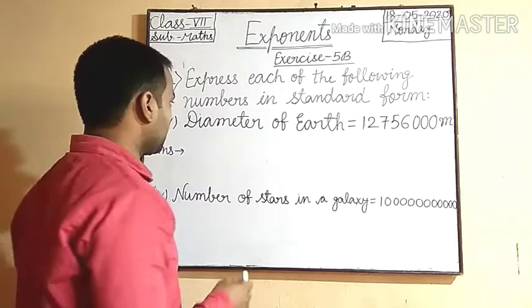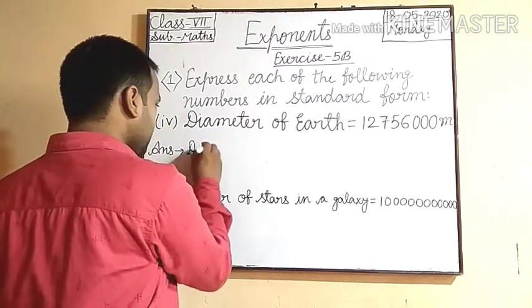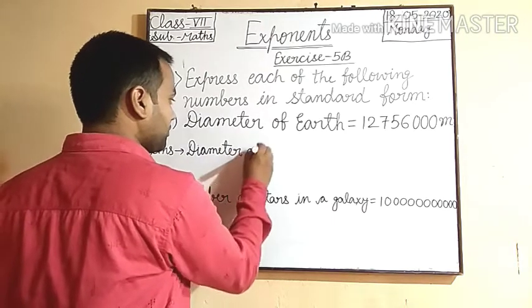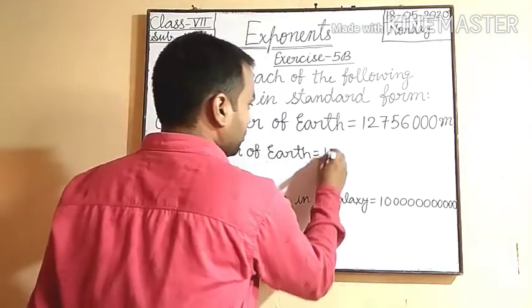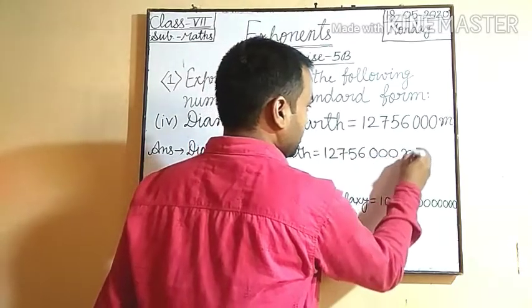In the next question, the diameter of earth is given. Here write diameter of earth is equal to 1275600 meter.